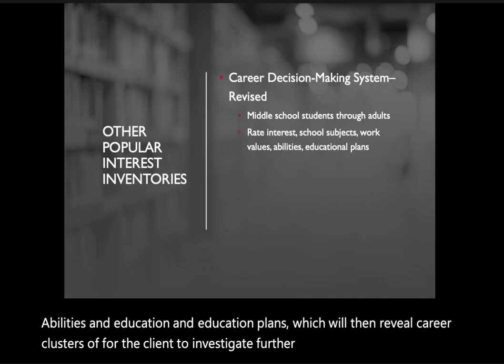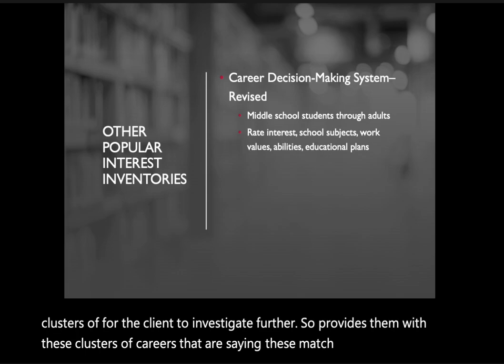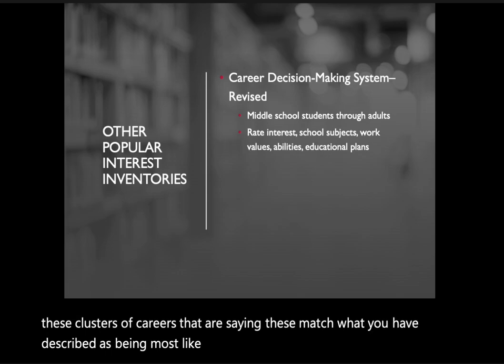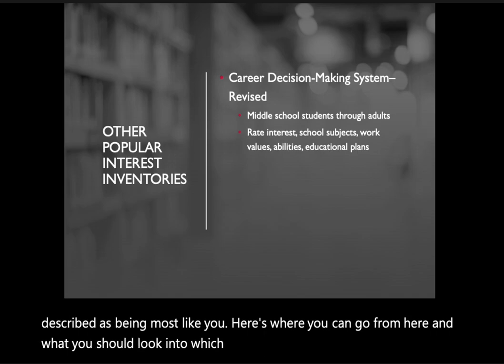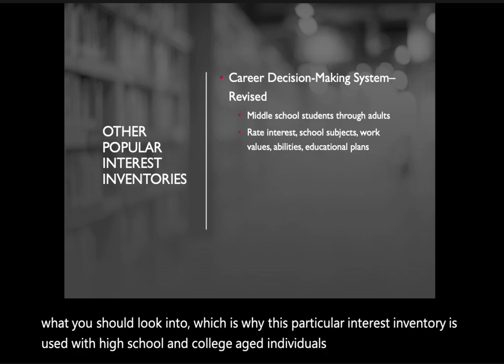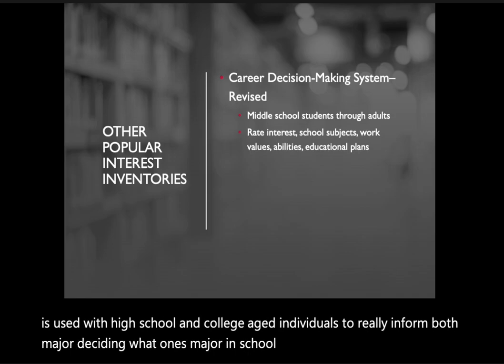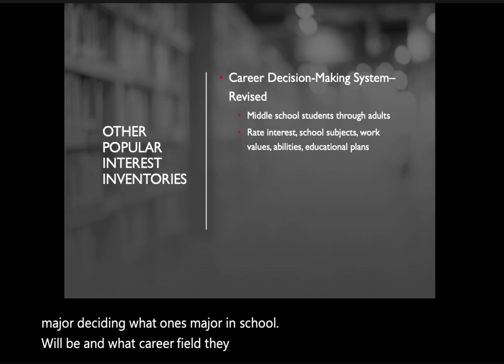So it provides them with these clusters of careers that are saying, these match what you have described as being most like you. Here's where you can go from here and what you should look into, which is why this particular interest inventory is used with high school and college aged individuals to really inform both deciding what one's major in school will be and what career field they will go into.